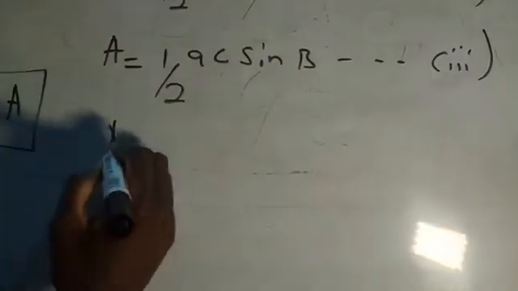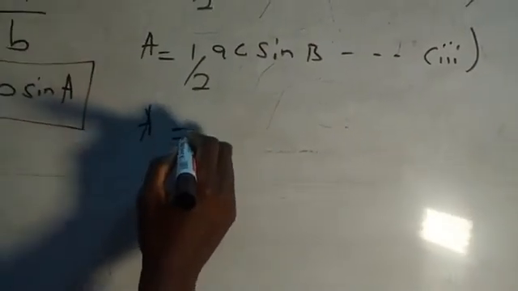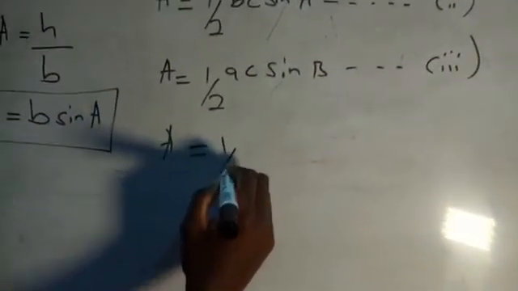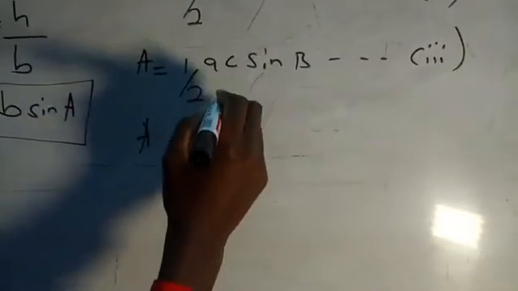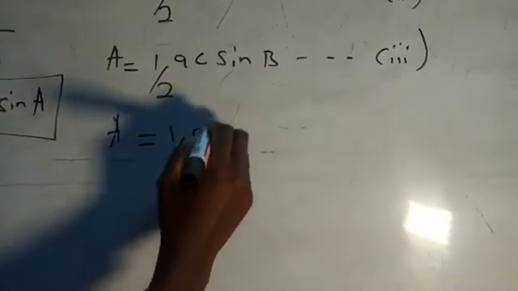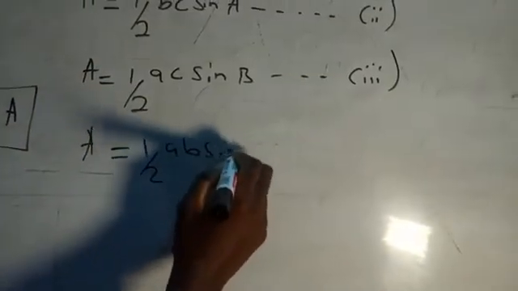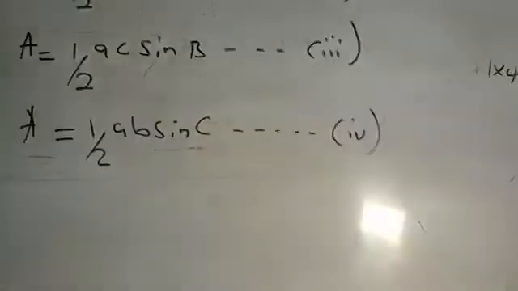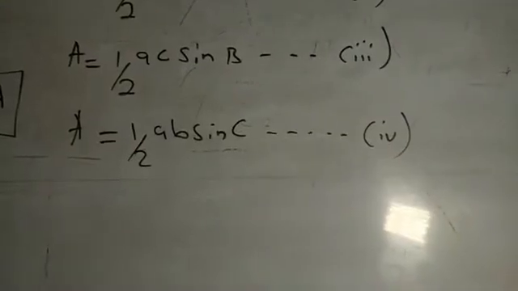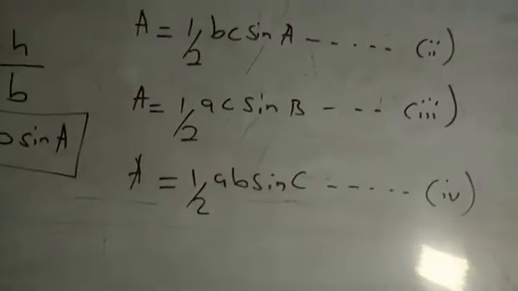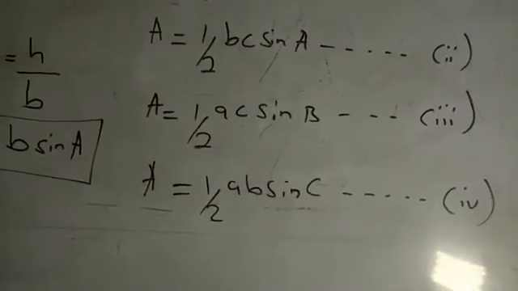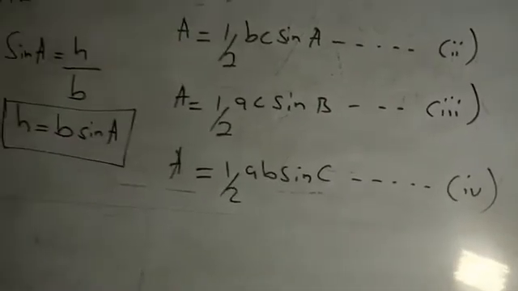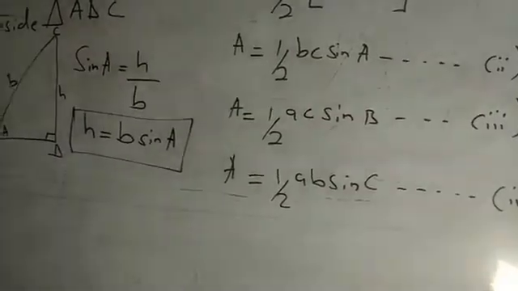The same also becomes area equals a half AB sine C, as well becoming equation 4. So let's try to get an example here.